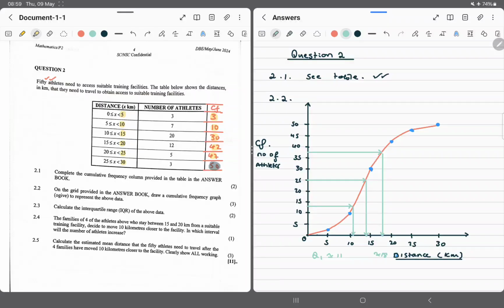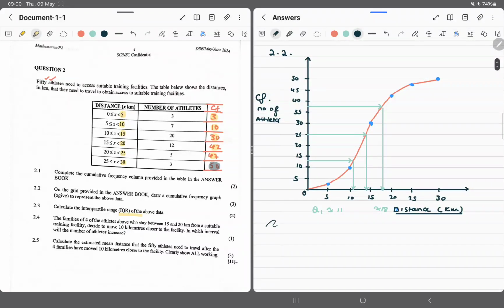So the one thing about this question, they're fairly easy, but you do a lot of work. So now we want the IQR. So the IQR is going to be basically Q3 minus Q1. This is 2.3.